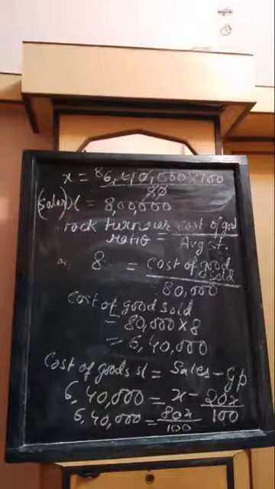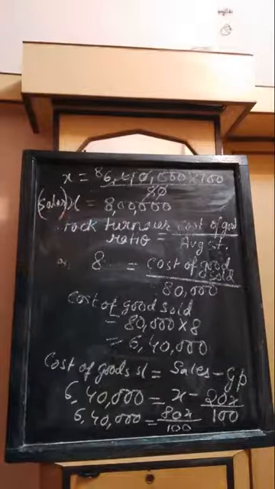That is 20% of 8 lakh. 20 by 100 into 8 lakh. 1,60,000 is the answer. We are getting the gross profit, GP, as 1,60,000.